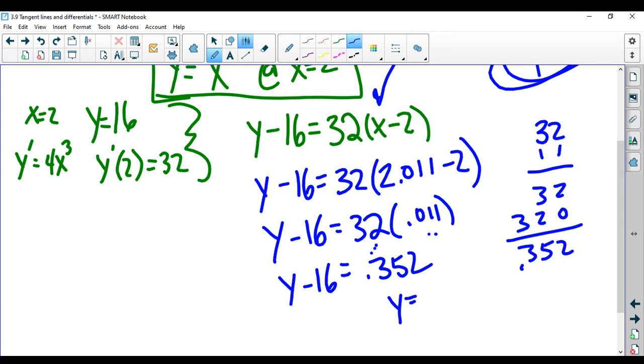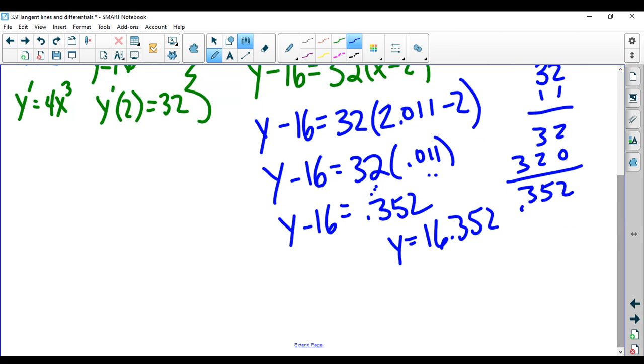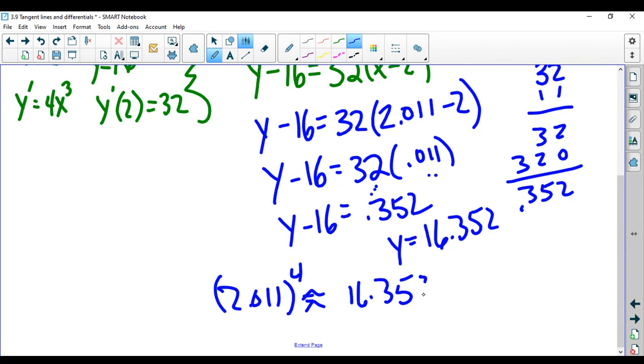So y equals 16.352. So that means I can say with pretty much confidence that 2.011 to the fourth is not exactly, but very close to 16.352. And we're going to check that on the calculator.